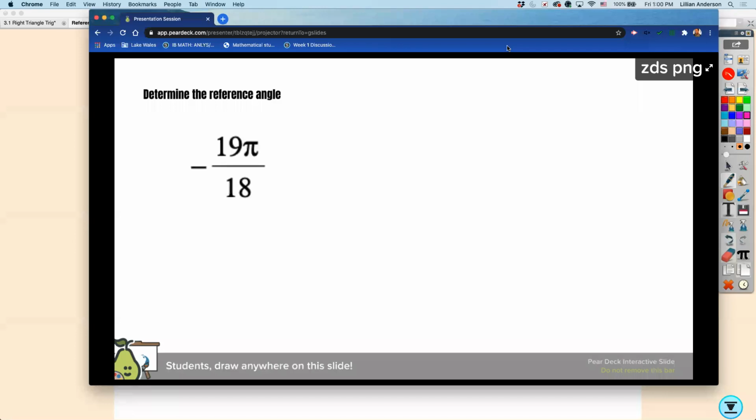Finding the reference angle for negative 19 pi over 18. I'm going to work this one out because I didn't really get much work from you guys online or in your responses. First off, this is a negative angle, which I can't have, so I need to find a coterminal angle here. That means I'm going to add 2 pi, or 36 pi over 18.